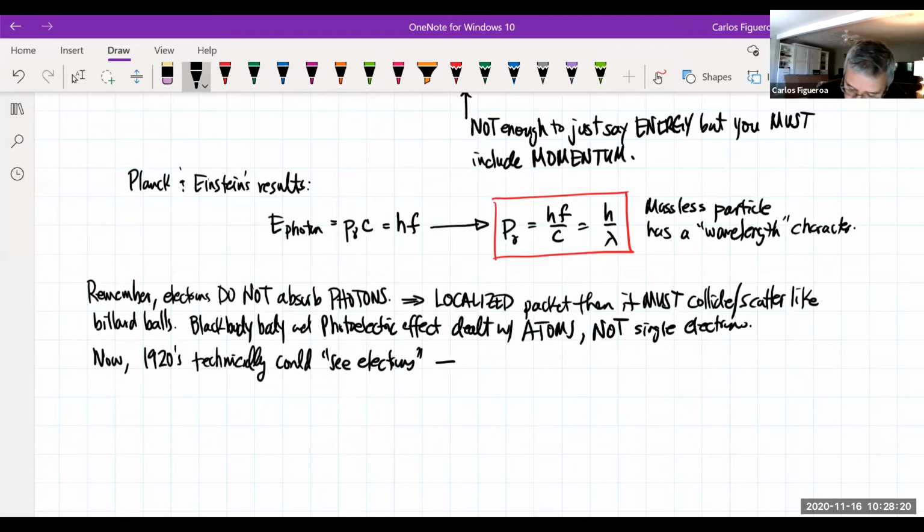And because it could see electrons, now photons can interact with electrons. So you could see why there's a progression. The only reason they could start to interact with single electrons was because of technology. When you have photons interacting with charged particles, it's known as Compton scattering.